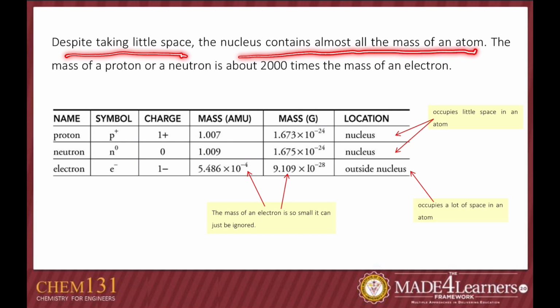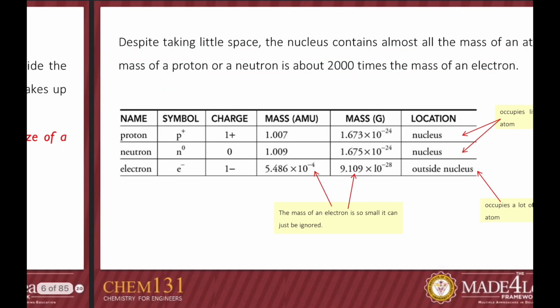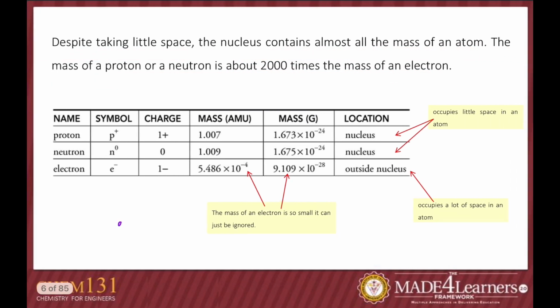So, even though it is very small, it's very massive. In fact, the mass of a proton or a neutron is about 2,000 times the mass of an electron. So, if this is the nucleus and this is the atom, the electrons are like here outside.